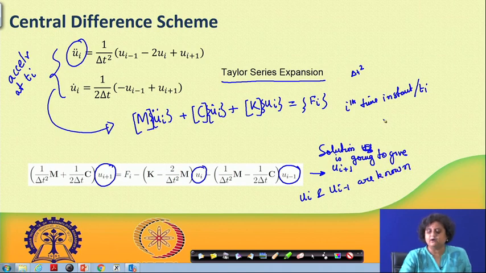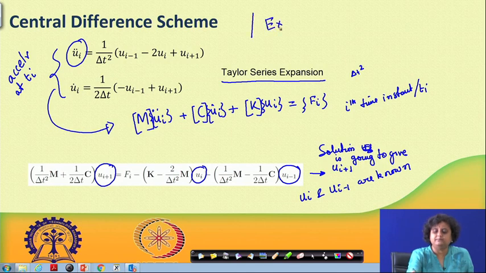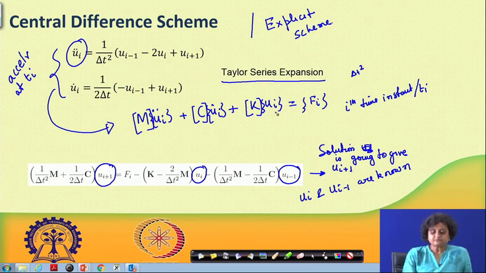Therefore, this is called an explicit scheme, because in order to solve for the i plus 1th time instant, I am using the equation of motion at the preceding time instant, that is at i. Now, I should know the initial conditions: the value of u at t equals 0 and the value of u at t1.